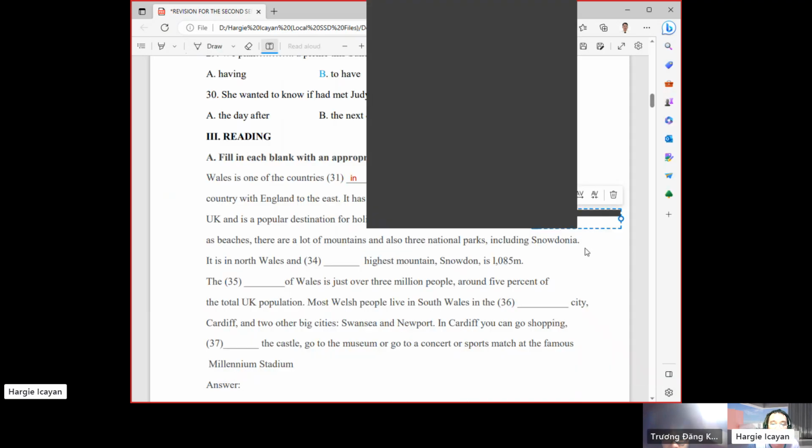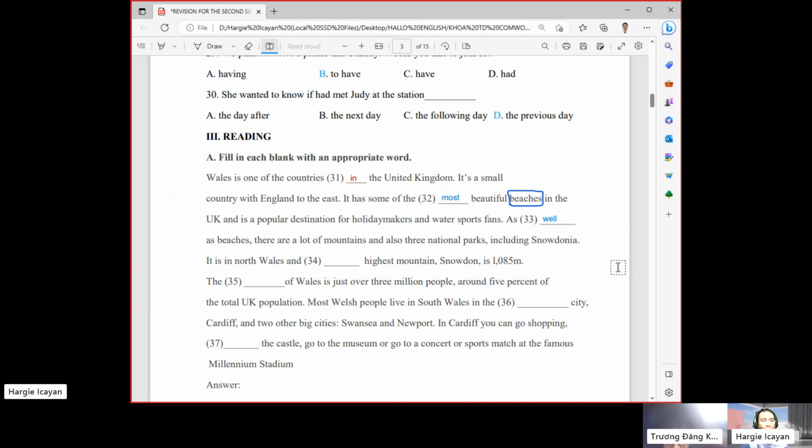So when we are talking about as well as, you have to remember all the time, as first, and then following after that would be well. So as well as, and then it's a noun again. As well as beaches, okay?